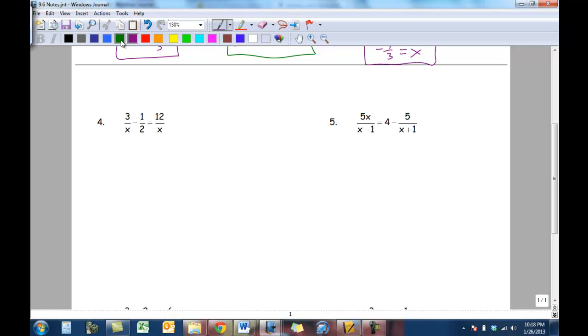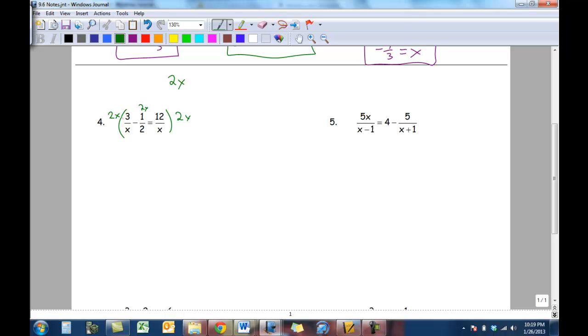So let's cross multiply. Oh wait, excuse me, not cross multiply, but multiply by the common denominator. Our denominators are x, 2, and x. So our common denominator is just going to be 2x. Now here's the thing, just like before, you have to multiply everything by 2x, even this 1/2 thing.